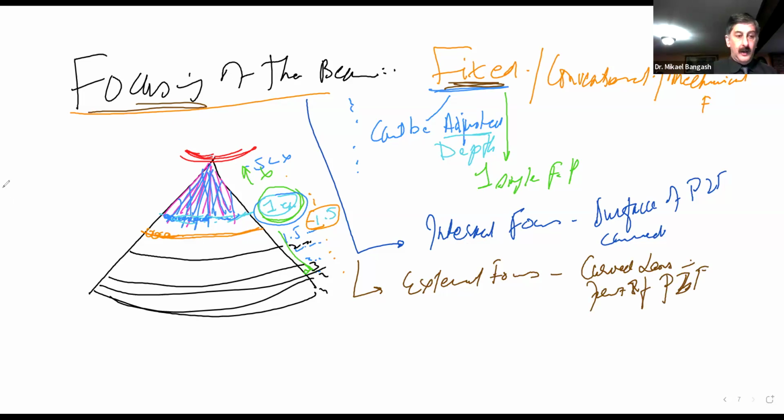That would have been dependent upon the degree of curvature on the surface of the PCT that will determine the degree by which the sound waves that otherwise would have been traveling straight is going to refract. Okay, and the more they refract, the shallower their focal point will be.